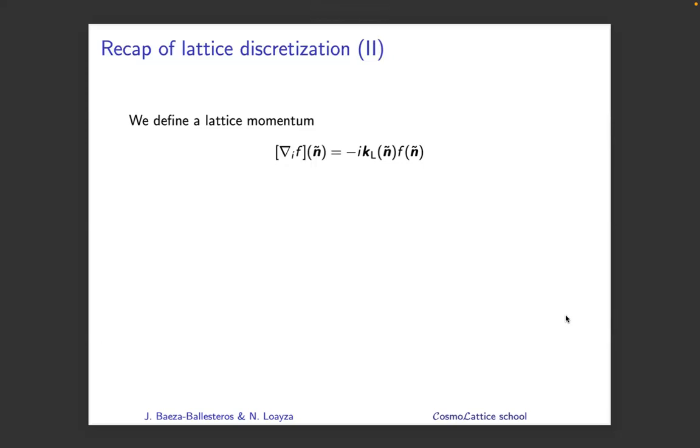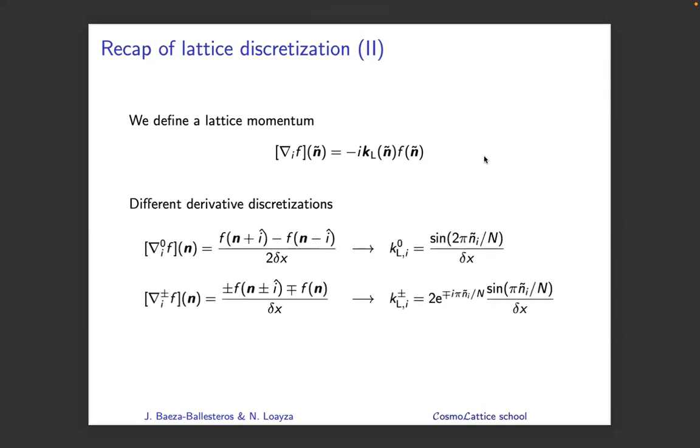And now we can also define a lattice momentum. This is where I told you that the projection in Fourier space is not necessarily real valued in the lattice. Why? Because we can define a lattice momentum for a given choice of lattice derivative. If I apply this derivative operator to a function in the reciprocal space, I can define my lattice momentum in this way. So for different choices of discretization of the derivatives, I will get different lattice momenta.